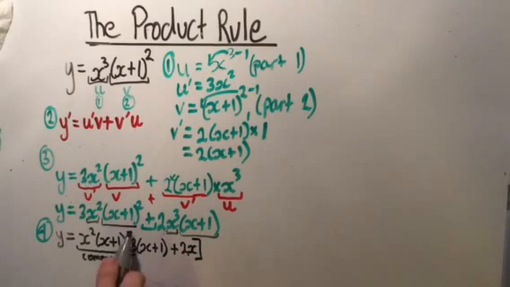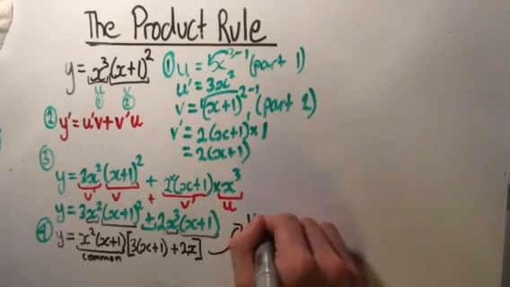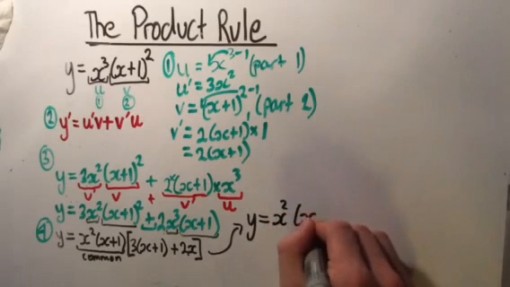Great, so understand that I've just used this big square bracket to show that this whole bit out here was the common factor, and then this big bracket has everything else inside that would get us back to these two terms. And obviously our last step is going to be to simplify this bracket and then put it all together. So I'm going to do our next step up here, which is to say that y equals x squared, (x plus 1).